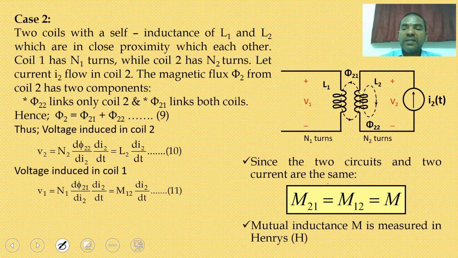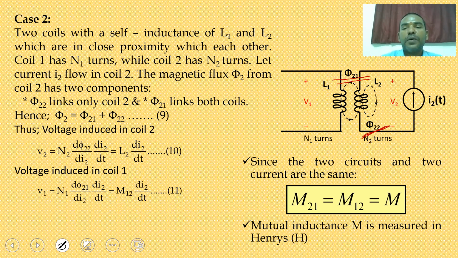Once the excitation is given to the second coil, the current I2 will flow through the circuit because of the closed loop. Due to that, two fluxes will be produced. One flux is purely for the second coil, that is phi 22, and another flux links with the first coil, that is phi 21.